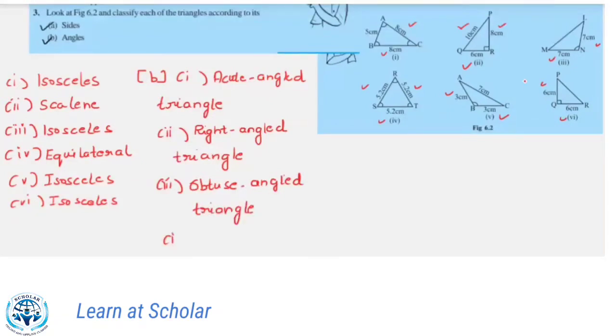The fourth one is equilateral triangle, and you know all the angles in an equilateral triangle are equal. So this is an acute angle triangle because all the angles are of 60 degree. Fifth one, obtuse angle triangle because the angle is more than 90 degree.